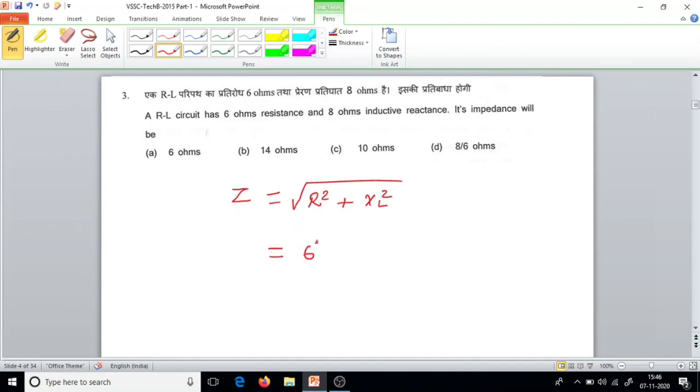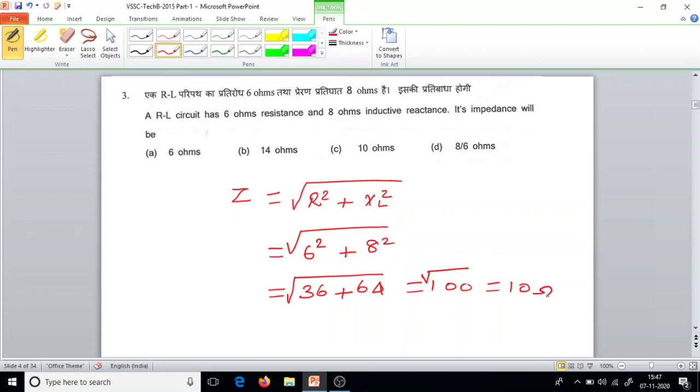R equal to 6 square plus inductive reactance equal to 8 square, under root. So it comes to 36 plus 64, which equals under root 100, which equals 10 ohm. So the impedance will be 10 ohm. Answer option C.